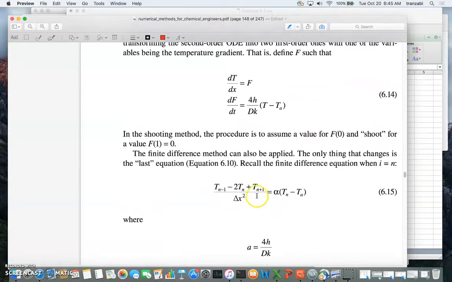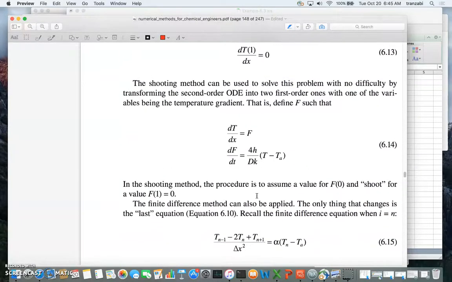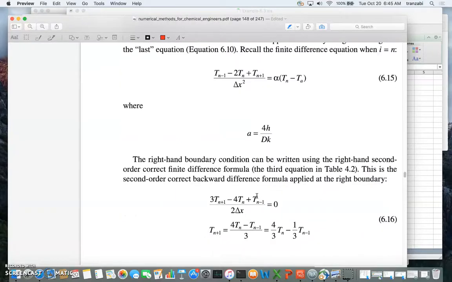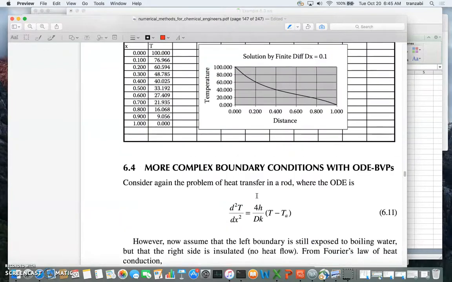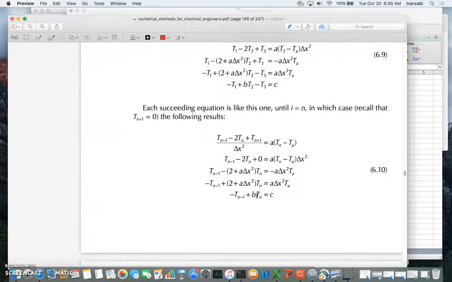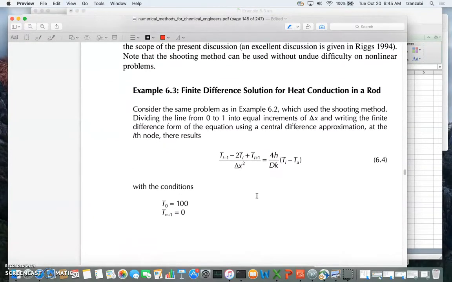So further up, yes, this is it. So this is the central difference version of the second derivative of T with respect to position, right? A point ahead of us, minus 2 times the current point, plus the point before us, divided by del x squared, and that's the left-hand side. Everything on the right-hand side is at point i.